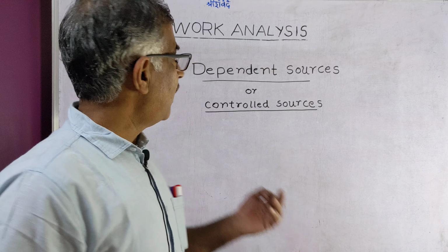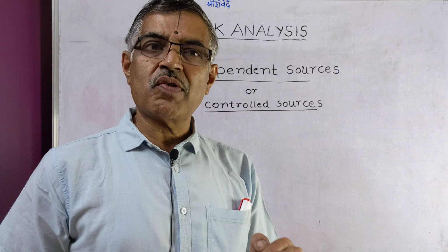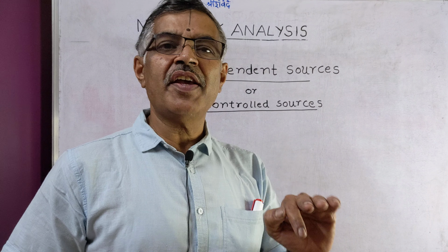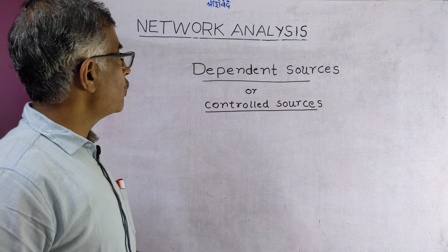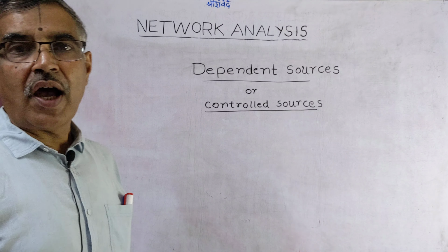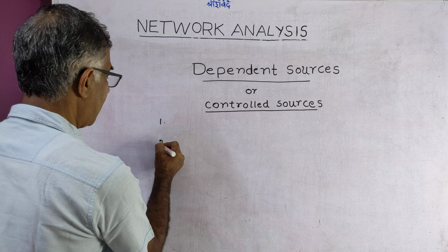But in the case of dependent or controlled sources, the source quantity is influenced by an external factor. Dependent sources are four in number.